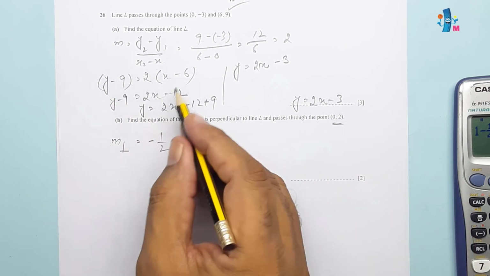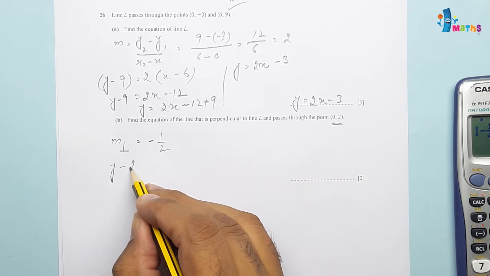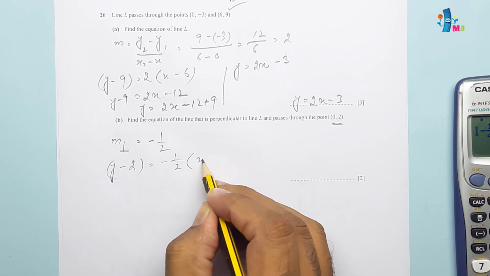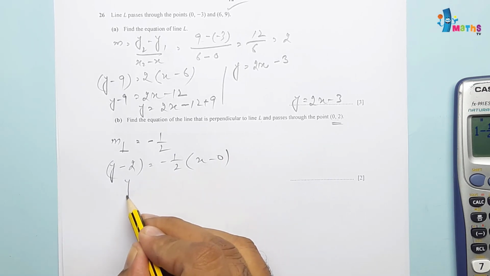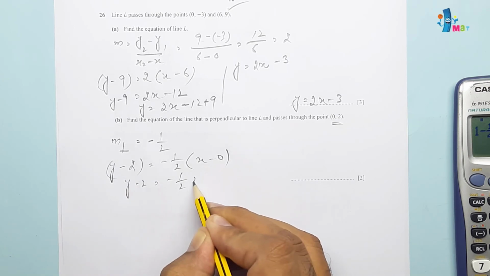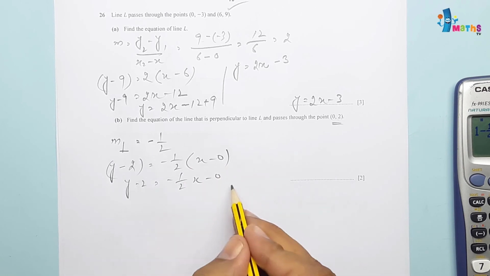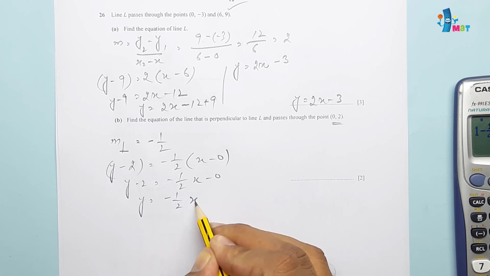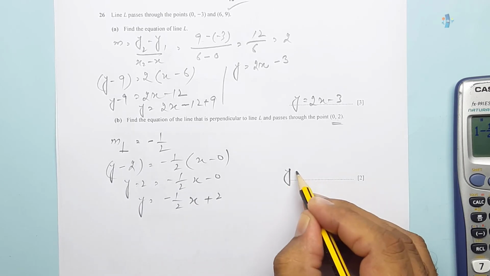So again we'll use the same formula, y minus y1, which is 2, is equal to minus 1 by 2 into x minus 0. So y minus 2 is equal to minus 1 by 2x minus 0. We can shift 2 to the other side. y is equal to minus 1 by 2x plus 2. So this is our final answer.